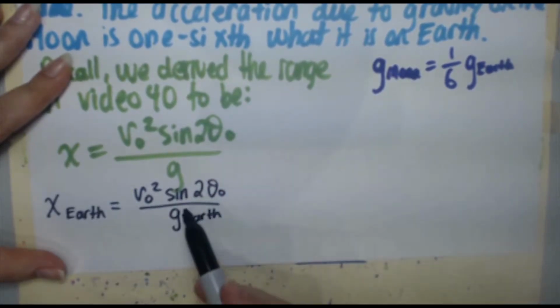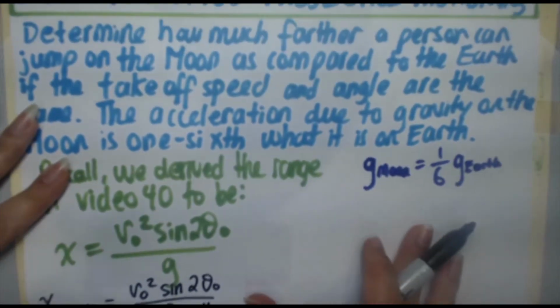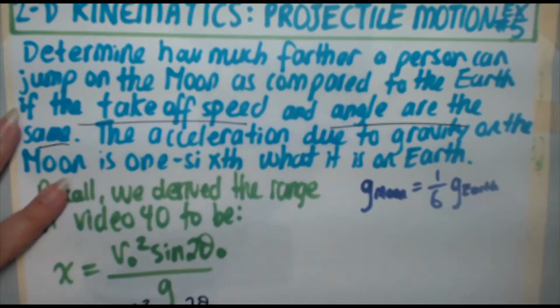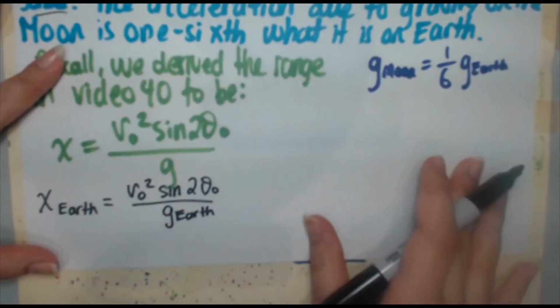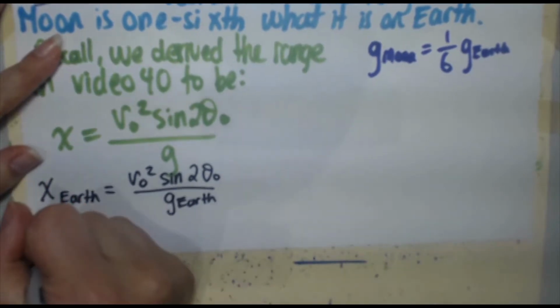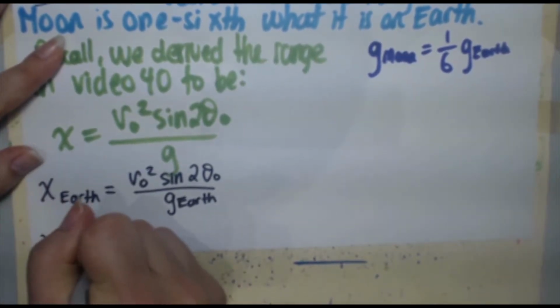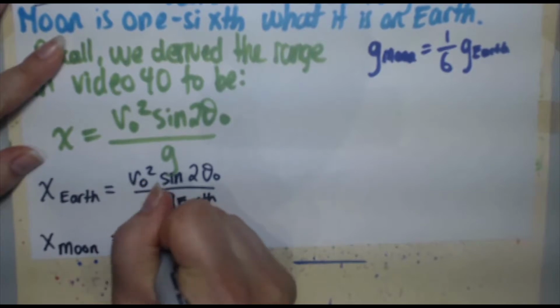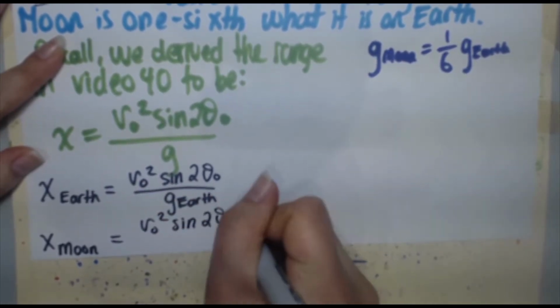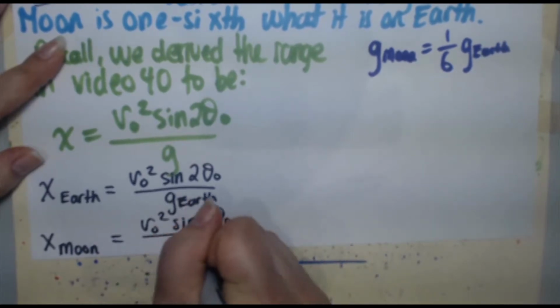Now, before you ask me why I didn't put v naught Earth, theta naught Earth, that's because it tells you in the question that the takeoff speed and the angle are the same for both of them. So we don't have to give these subscripts because in both cases it'll be identical. The next part is the distance covered on the moon. So it's going to be the same, v naught squared, sine of 2 times the takeoff angle over g moon.